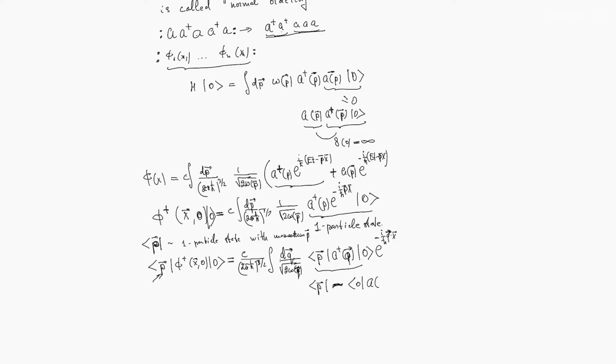So when you plug it in here, in this scalar product, you will be commuting a of p with a dagger of q, so moving a of p to the right to annihilate the vacuum. Let me write more explicitly: a of p here, a dagger of q. And when you make this commutation, you will obtain the delta function of p minus q.